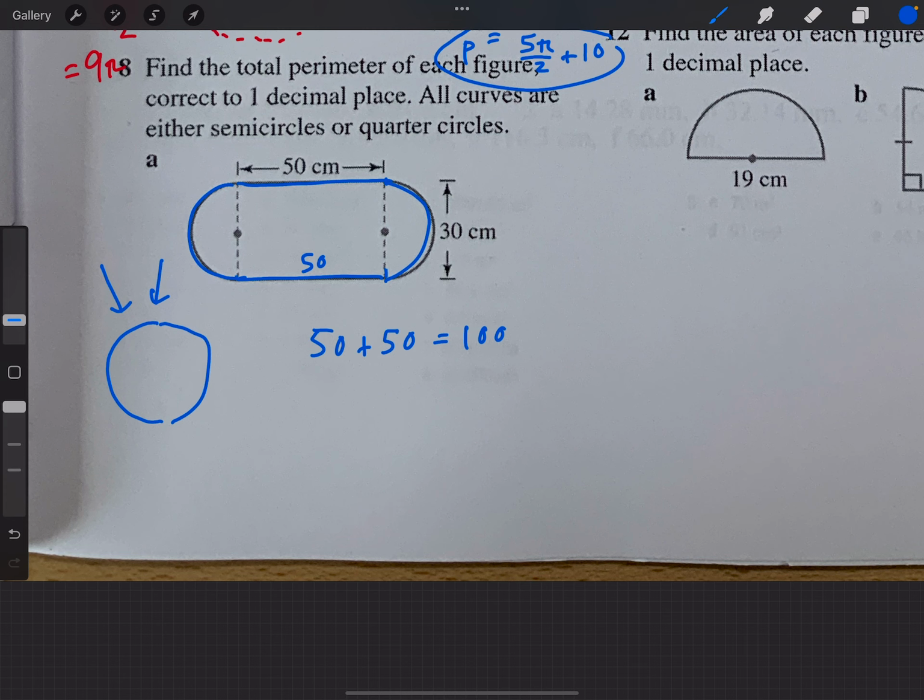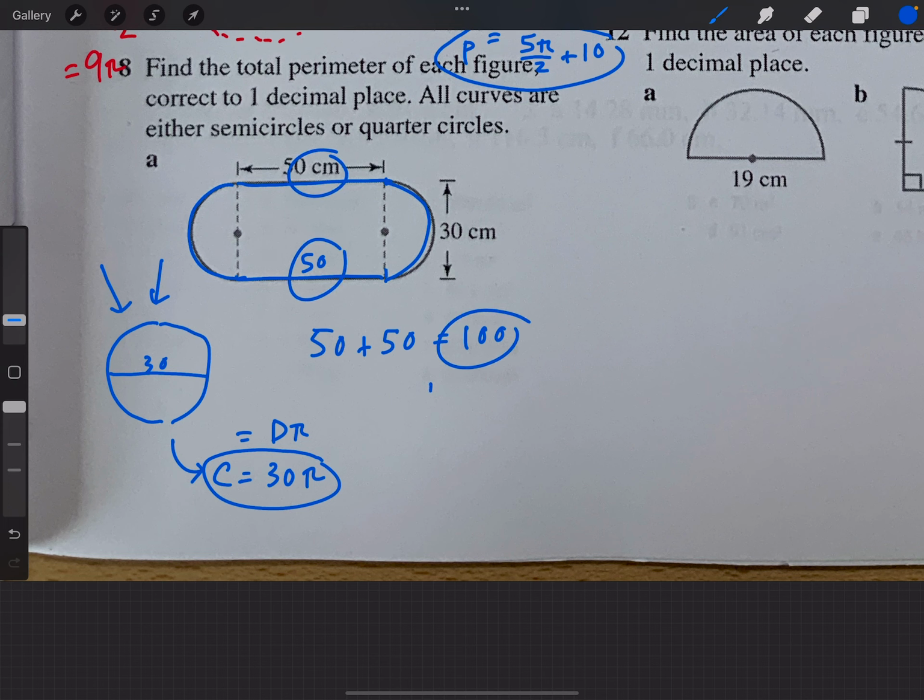Now this diameter is 30, so the circumference is 30 times pi, because it's diameter times pi, which is 30 pi. So the circumference of this full circle is 30 pi. We got the two lengths here and here, that's 100. So we add it together.